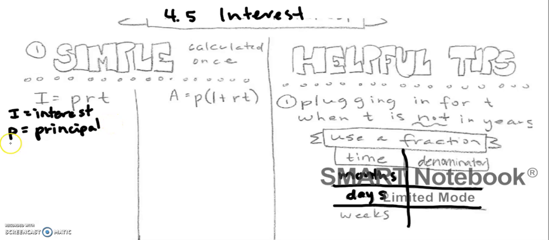It's the principal, which is your starting amount. So in my example, it was the $100.